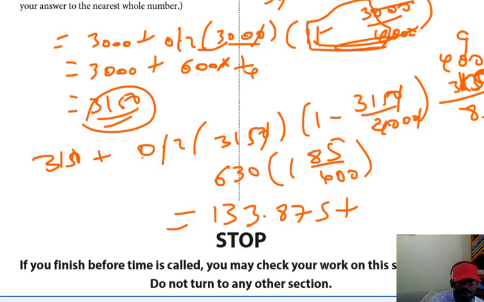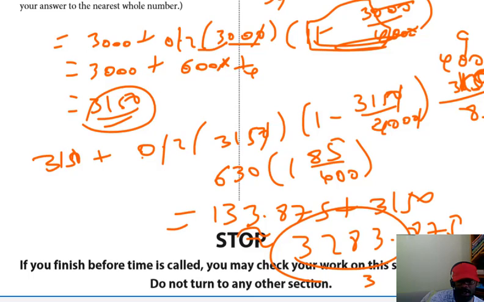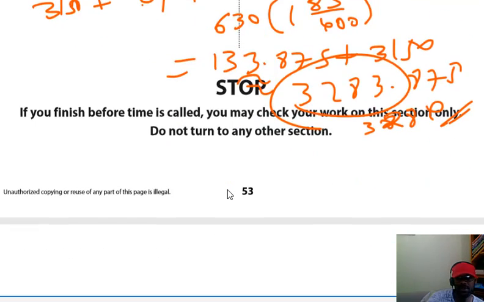Add this to the current one, which is 3150. According to my calculator, this is close to 3284. So 3284 will be the answer.